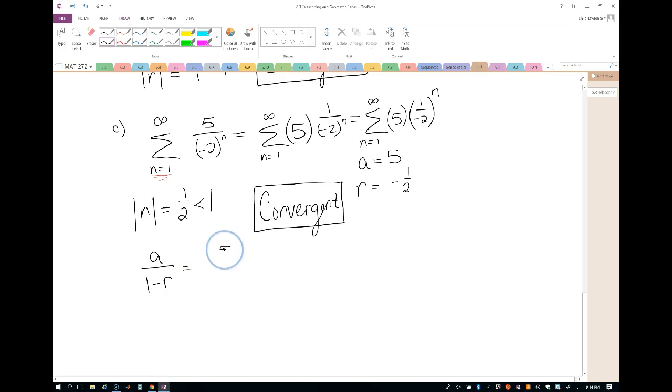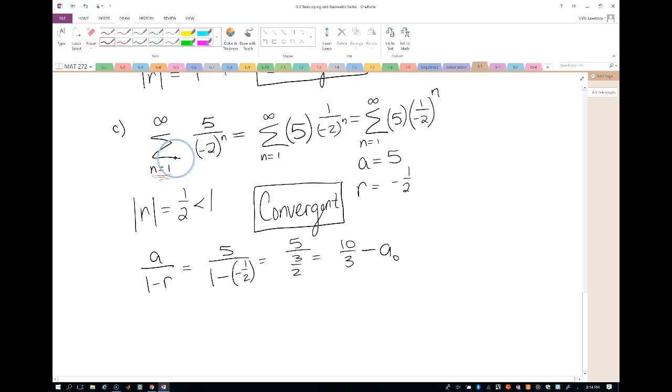So we said a was 5, r is -1/2, so this is 5 over 3/2, or 10/3, but this assumed that n starts at 0, and we're missing the 0 term. So we've got to figure out what the 0 term would be for this series, and we need to subtract it off that 10/3.